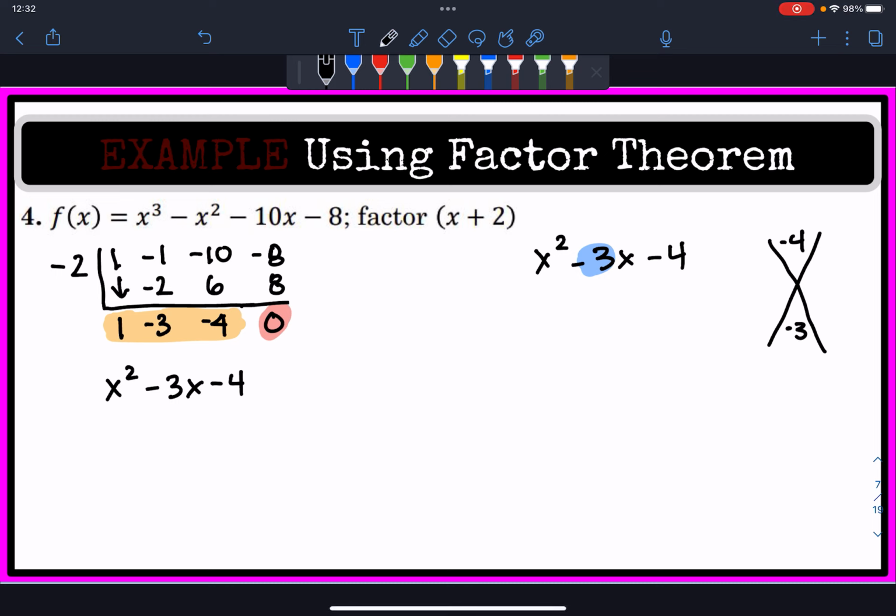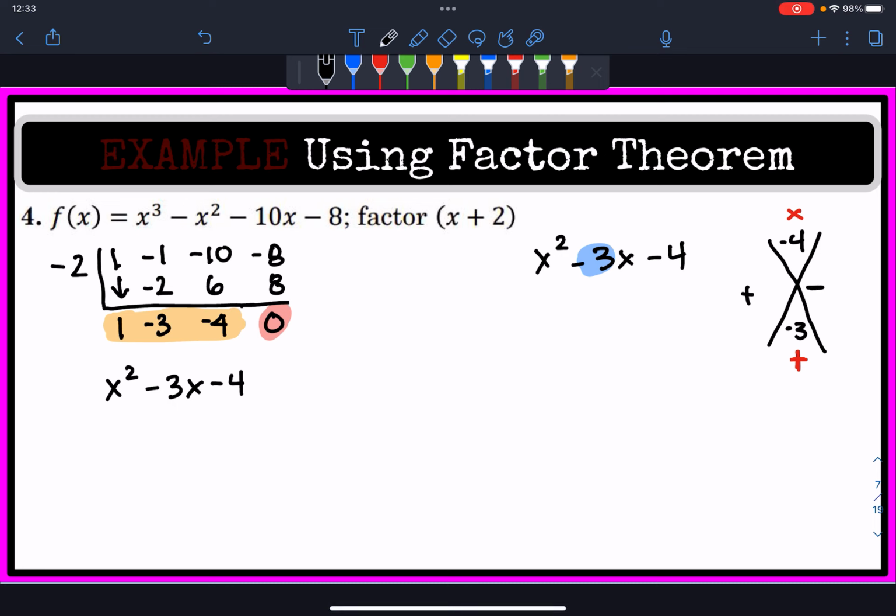So again, what we're looking for are two numbers that multiply to -4 and add up to -3. Well, the only way to multiply two numbers to get -4 is if one number is positive and the other number is negative, because only a positive times a negative is equal to a negative.